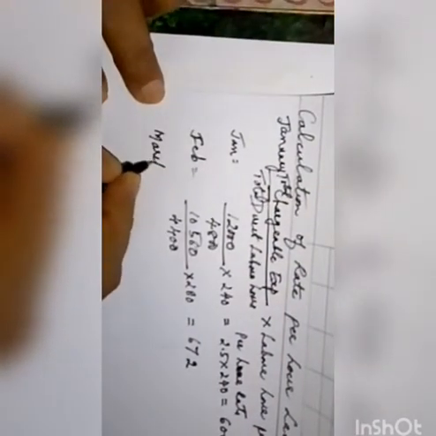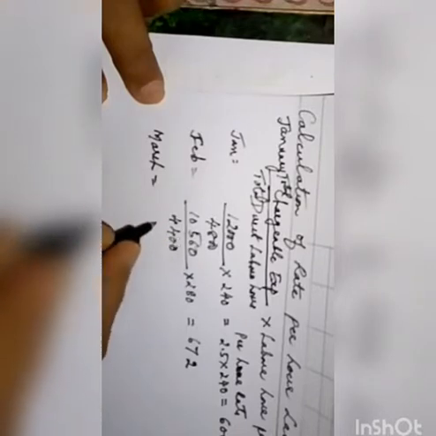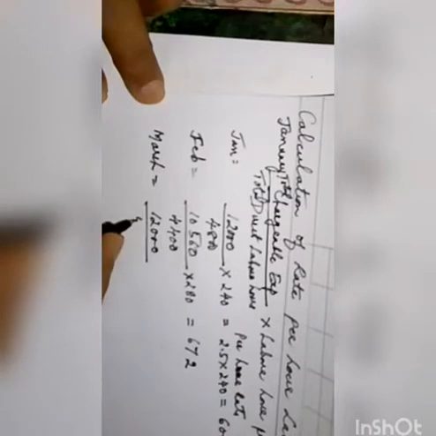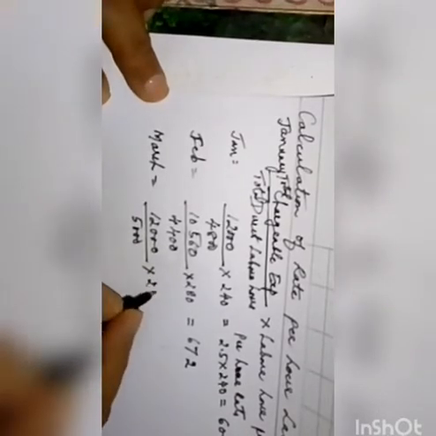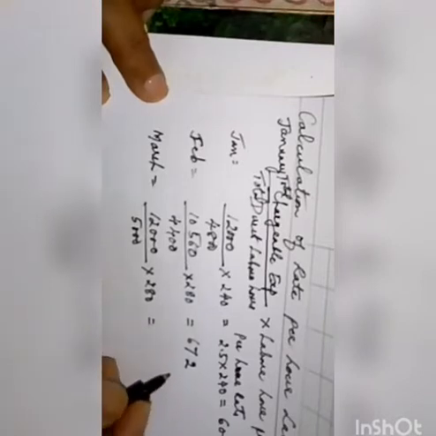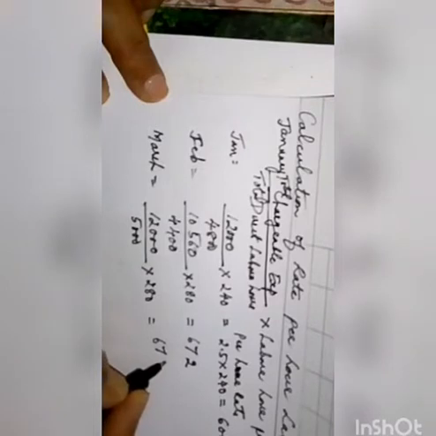For the month of March it is 12,000 divided by 5,000 into 280. This comes to 672.